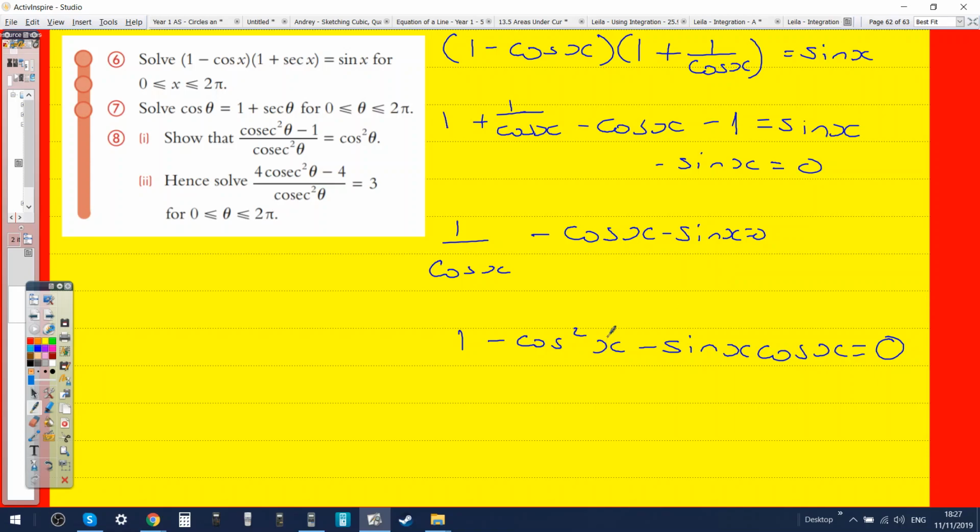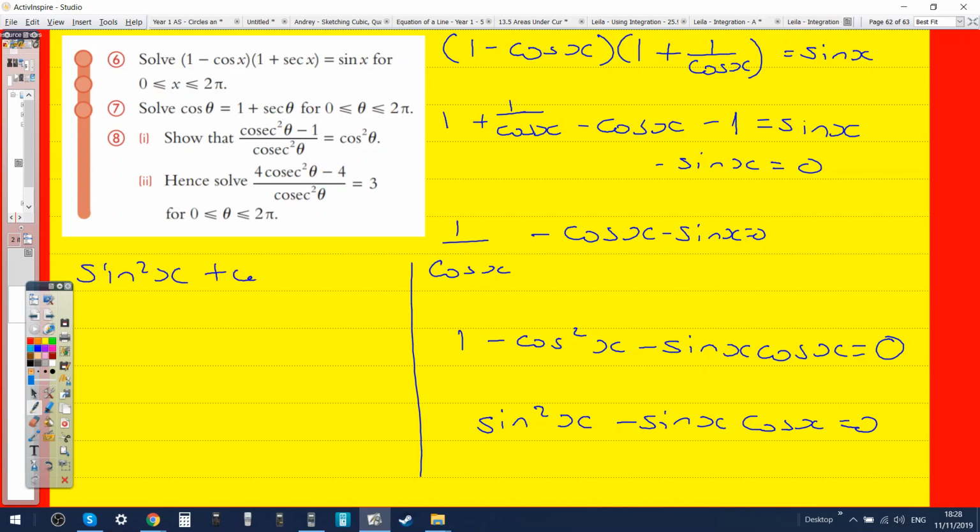That actually needs some. 1 minus cos squared x requires an identity. So that could just be sine x. Hang on. It's sine squared x. Minus sine squared x. Positive sine squared x, I believe. So, you know this identity, so this is the one you'll use a lot.